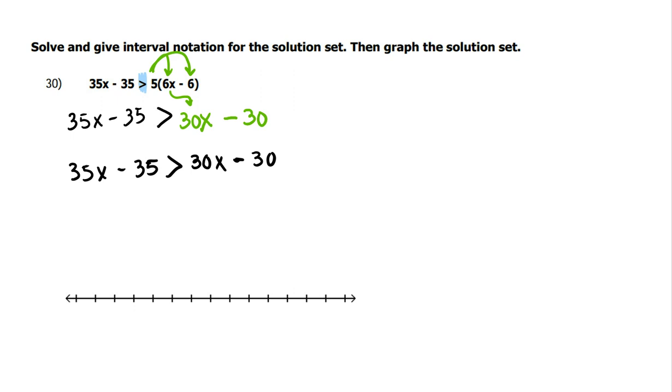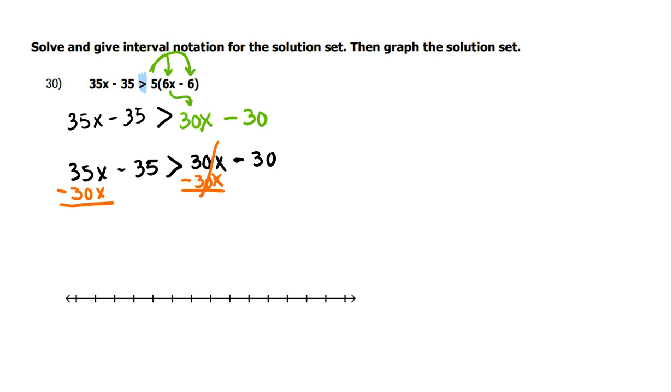All right, so I need to get all my x's on one side, and a lot of people like to get them on the left, so I will do that. I will subtract the 30x on the right, so that's gone. But what you do to one side, you have to do to the other. So I'll subtract it on the left.